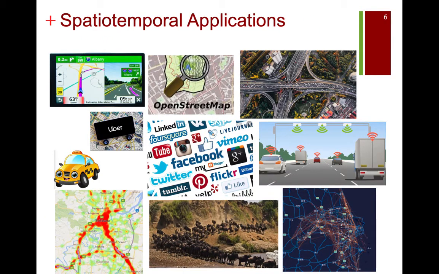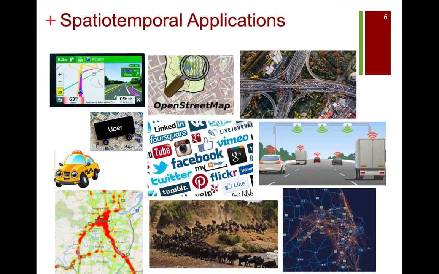Let's have a recap on different categories of spatial temporal applications. Actually, there are so many applications around us that involve spatial temporal data. For example, the routing service on Google Map, or we can say the navigation service.